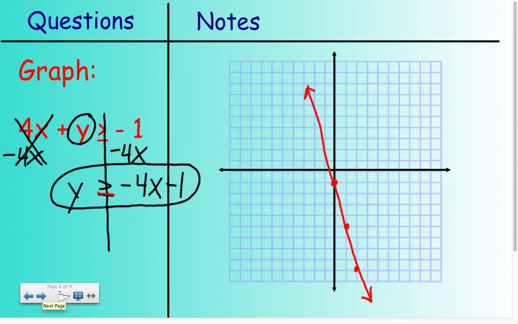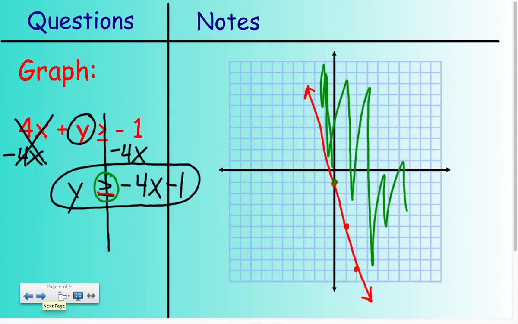I'll put my pen on my y-intercept. Greater than means I would shade above. So go to your y-intercept and shade above. And it'll kind of seem like you're shading below once you get down here, but that's all considered above our line. Above, greater than is above or up, less than is below or down.